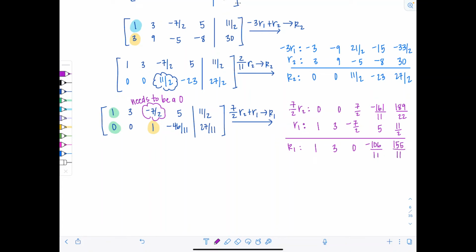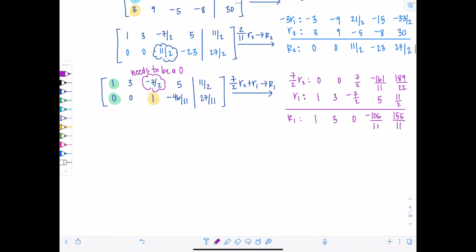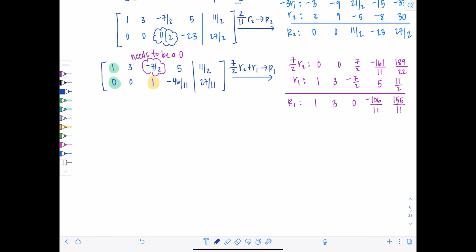Okay, good. So that's the new row 1. Oh my goodness. Okay. 1, 3, 0, negative 106 over 11, 155 over 11, and then row 2, 0, 0, 1, negative 46 over 11, and 27 over 11.